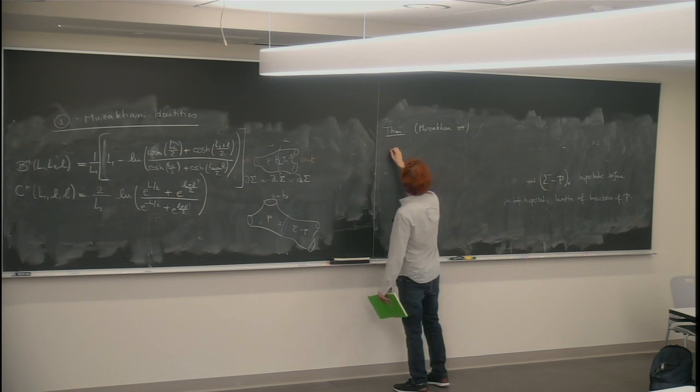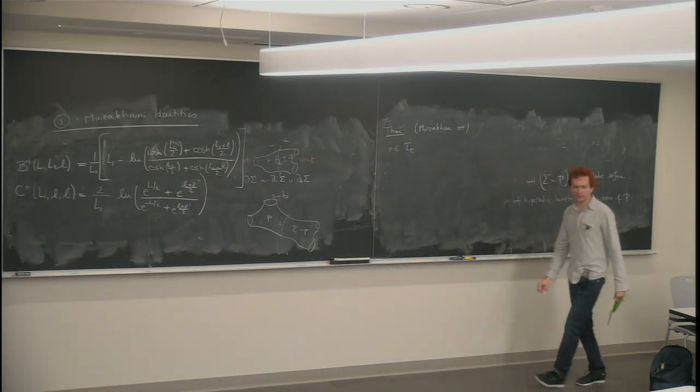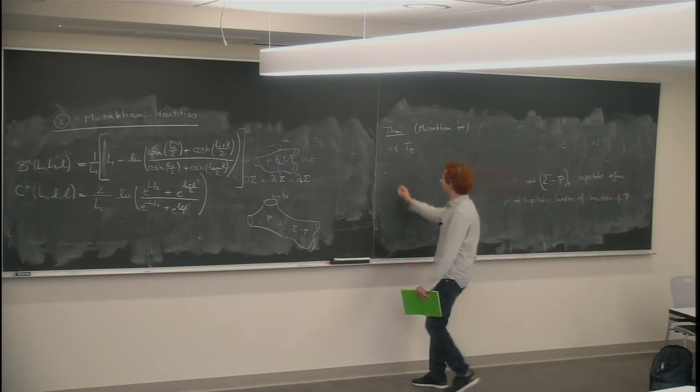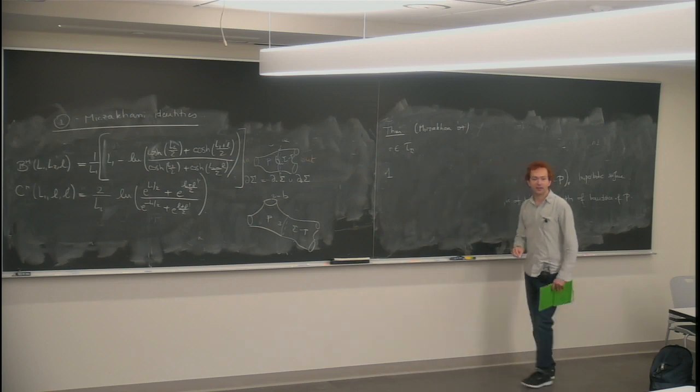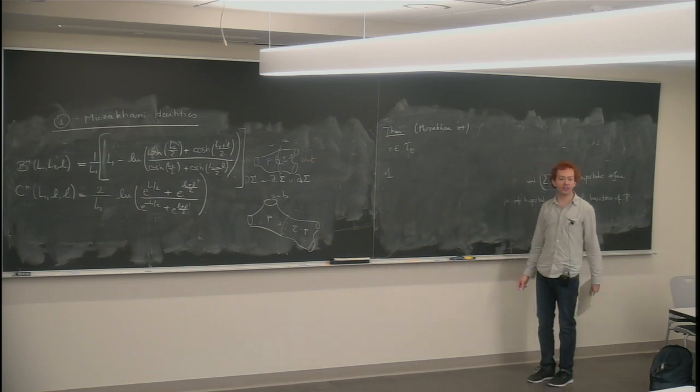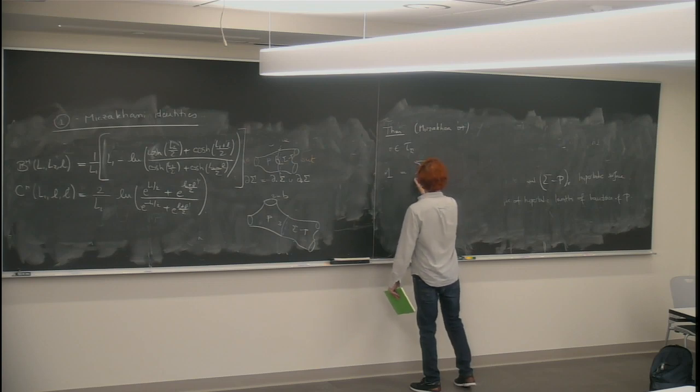So consider any hyperbolic metric on the surface. You want to represent the constant function 1 as a certain series over all homotopy classes of pairs of pants. And the series is as follows. So I can write it like this.